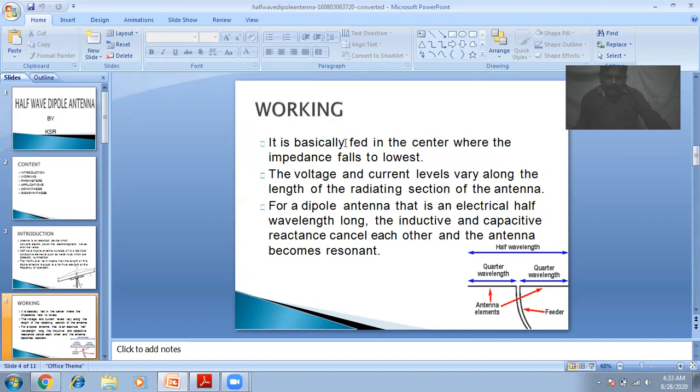So it is basically fed at the center where the impedance falls to the lowest. Since the impedance is lowest at the center, we are feeding this antenna at the center. Why it is lowest we will see in the coming slides. The voltage and current levels vary along the length of the radiating section of the antenna.